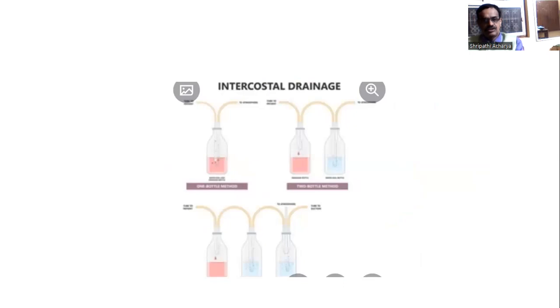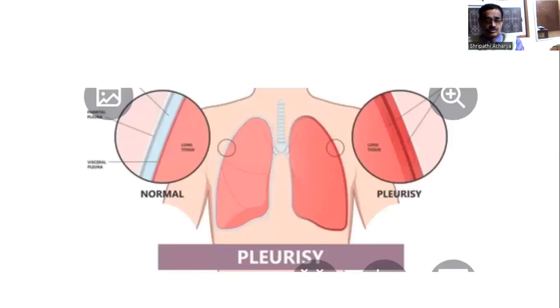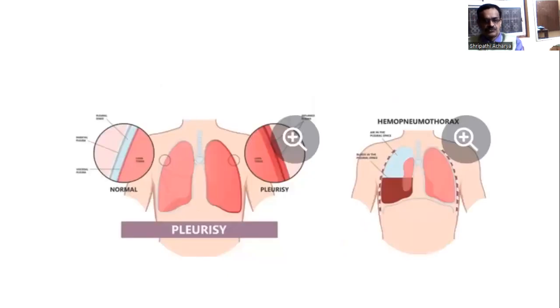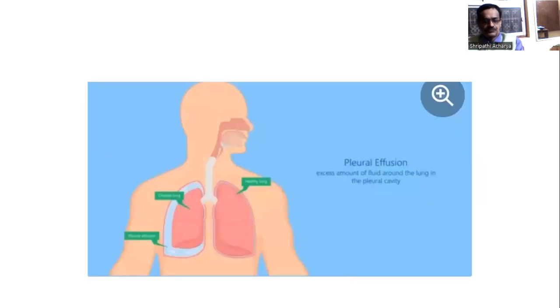The first drainage. Where pleural tap is done. See, air fluid level is there. Pneumothorax. On the right side you can see pleural effusion.